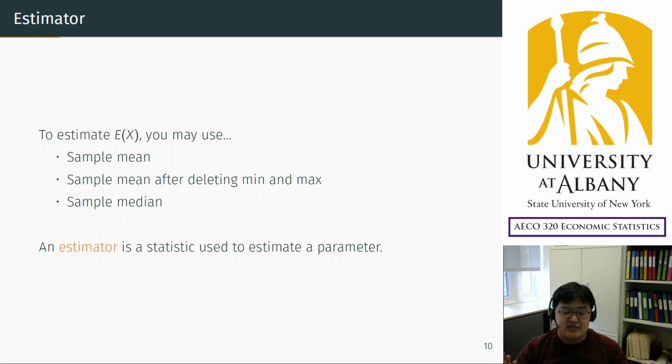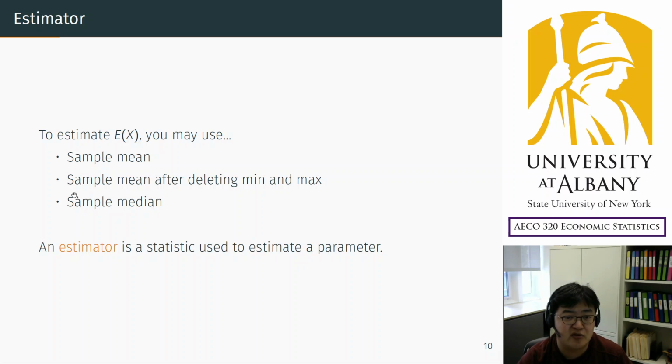It's like I'm asking you, what is the mean of x? And you have to say something based on the data. Of course, this is a very simple example, so you know that the sample mean would be the natural estimator. Yes, right? But think about this. Sample mean is one possible way to answer that question.